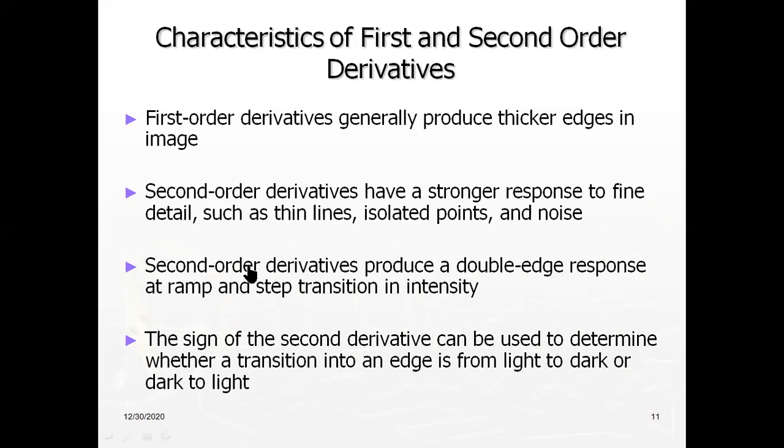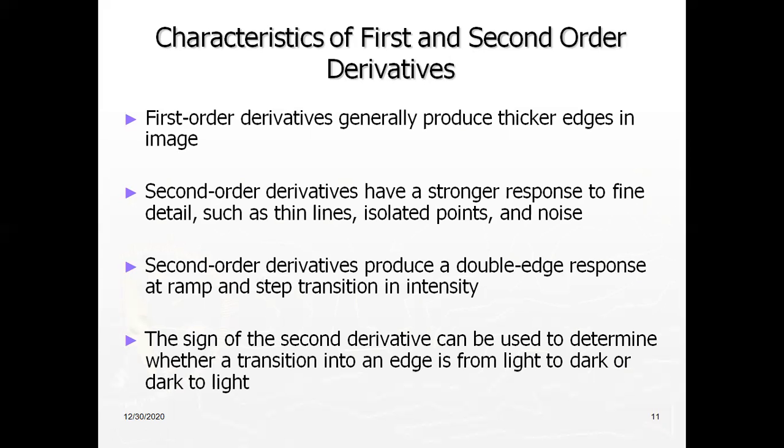Then the second order derivatives have one problem: they may produce a double edge response at ramp and step transitions in intensity. The sign of the second order derivative can be used to determine whether a transition into an edge is from light to dark or dark to light.